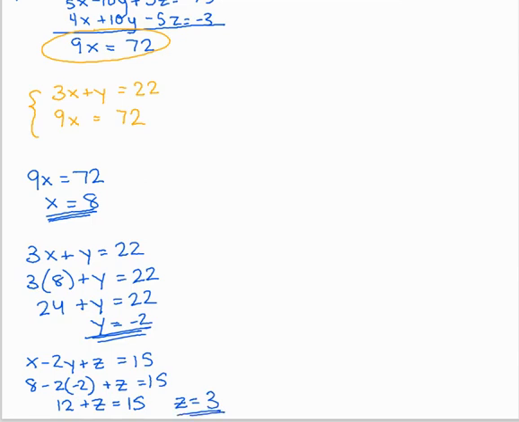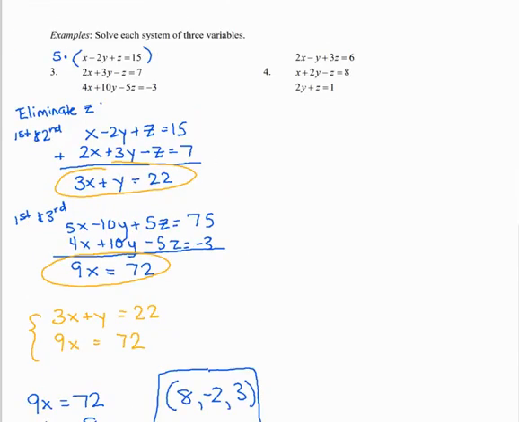Therefore, I get a solution. It's an ordered triple, and I'll write that x first, y second, and z third. And there is my solution to the system. Always go back and double check by plugging them in. So if I plug those 3 values into the first equation, we get 8 plus 4 is 12 plus 3 is 15. That's good.